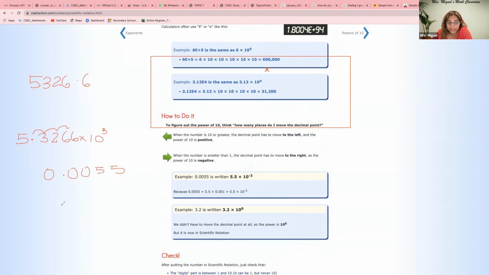So I am putting the decimal point after the first non-zero value, so it becomes after the 5, multiplied by 10 to some power. Because it is smaller than 1, meaning it is 0.000 something, the power is negative. To get back the original number, I must move the decimal point 3 spaces. Do you all understand that?